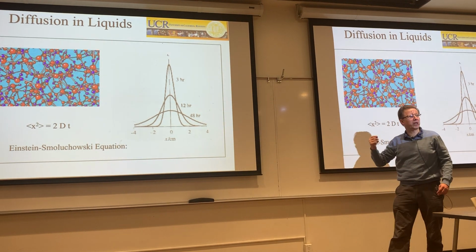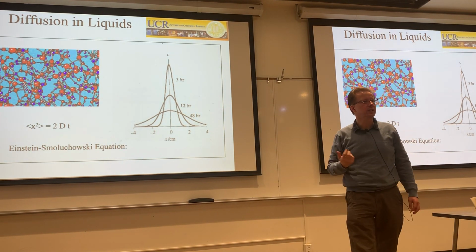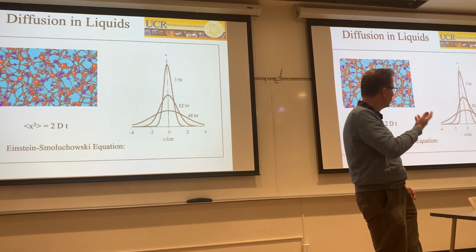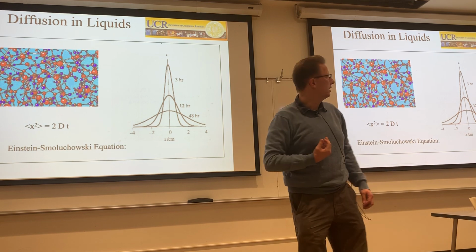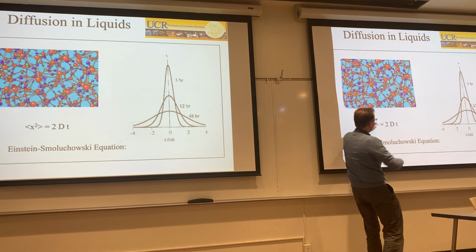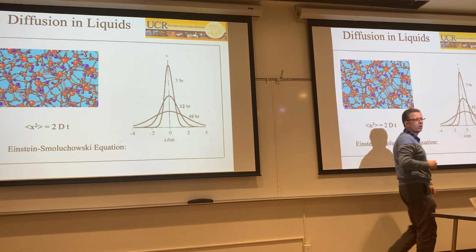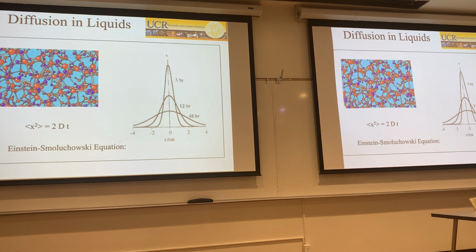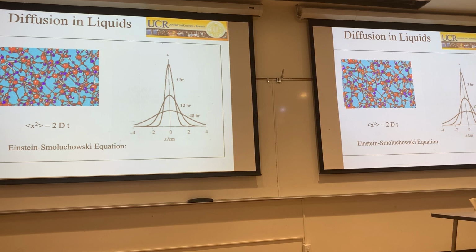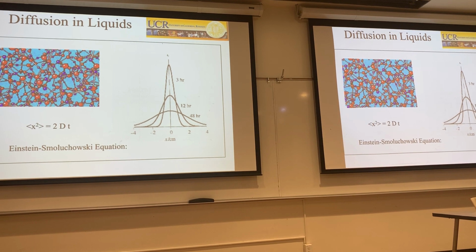So the actual displacement, not the square of the displacement, the RMS displacement, if you want, the root of the mean of the square of that, that is the root on this side, and the root on this one here. So the displacement goes to the root of the time. Big changes for small times, small changes for large times.